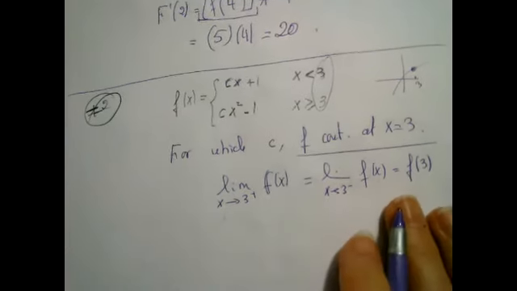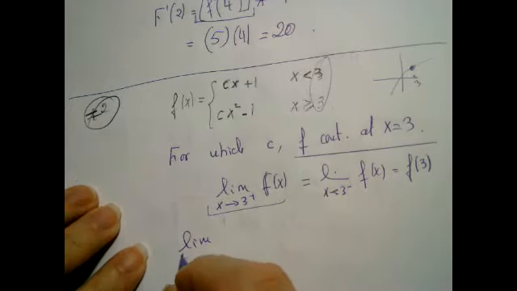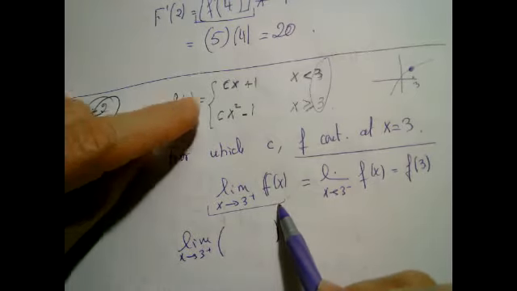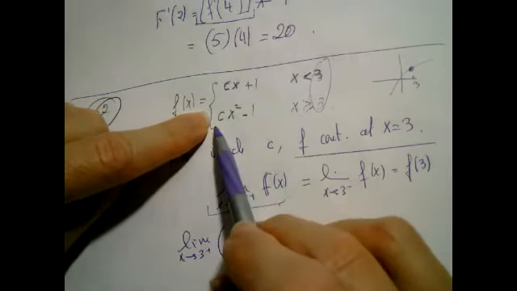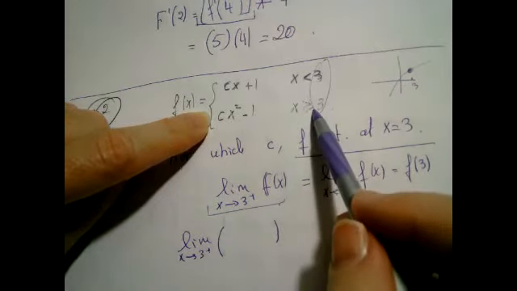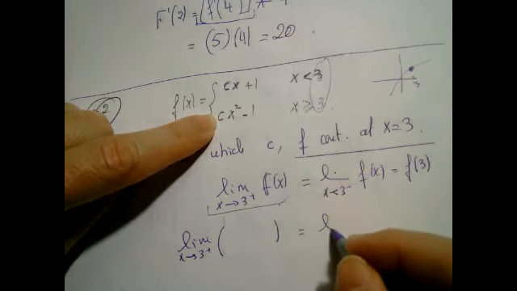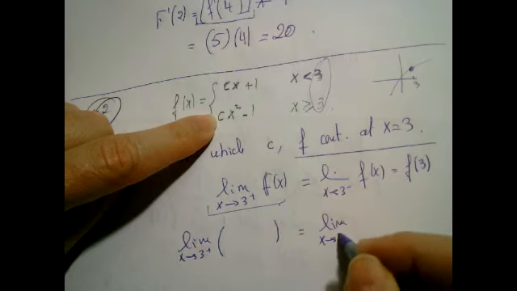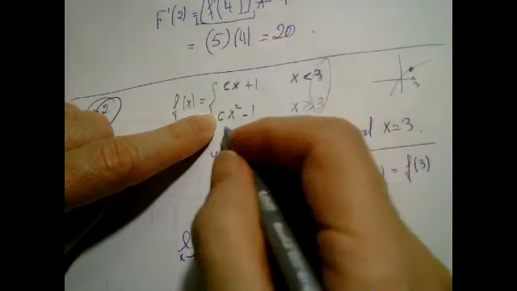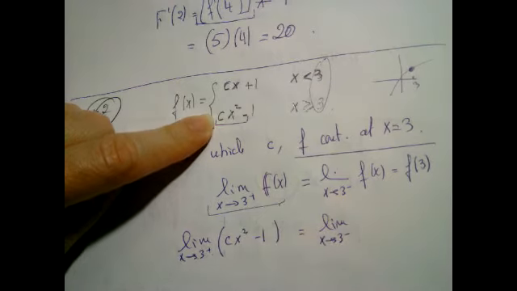All right, so let us set those limits equal. What is the limit from the positive? c is a constant. So c could be 2, could be 3, just treat it as a constant. Now, if x becomes close to 3 from the positive, it means x is bigger than 3, so f of x is cx squared minus 1.